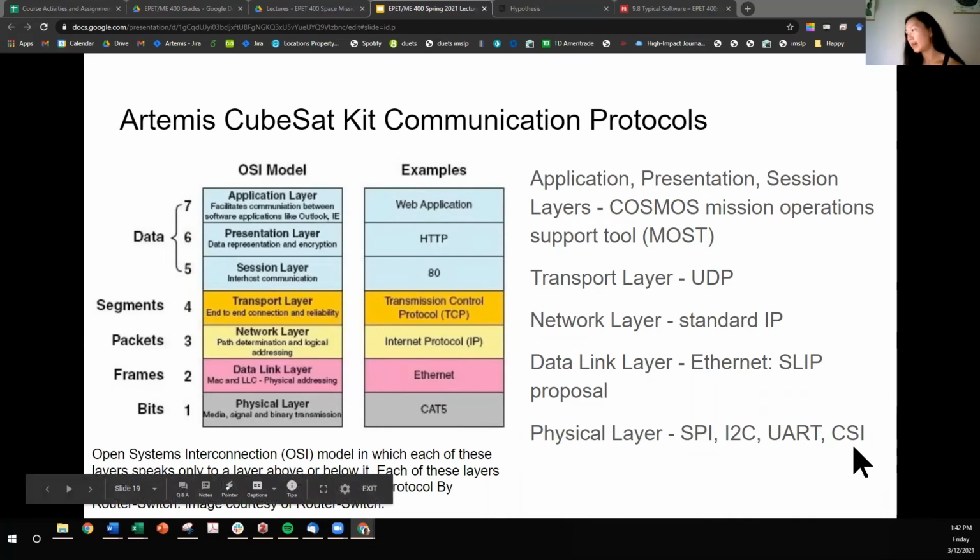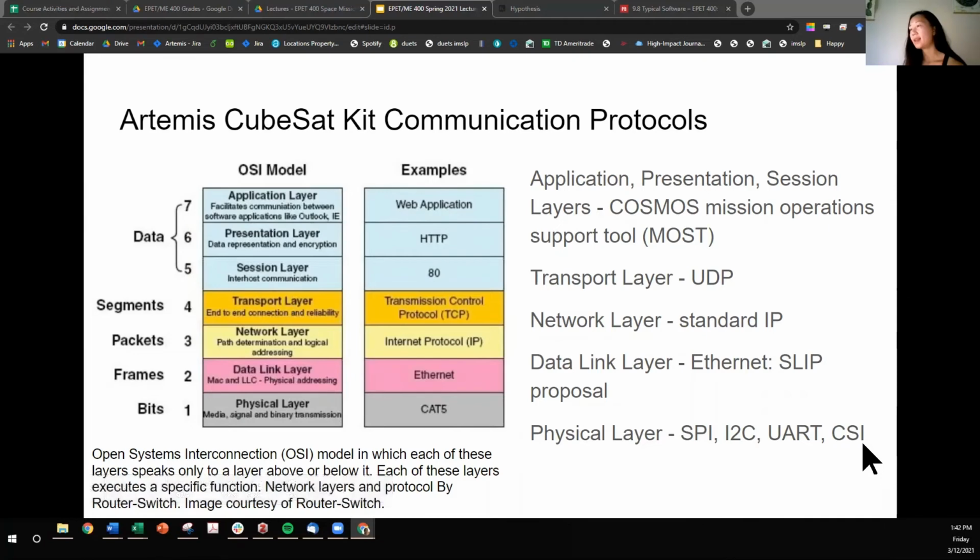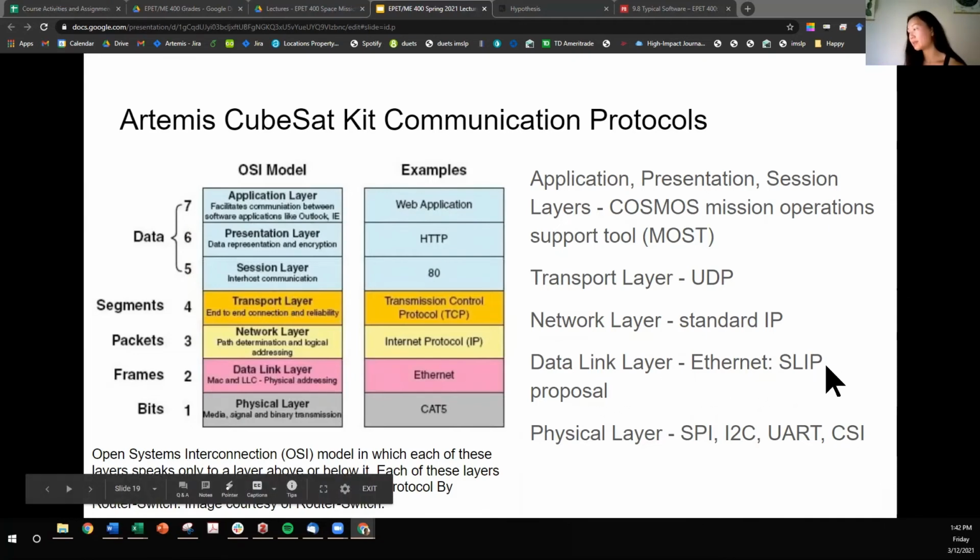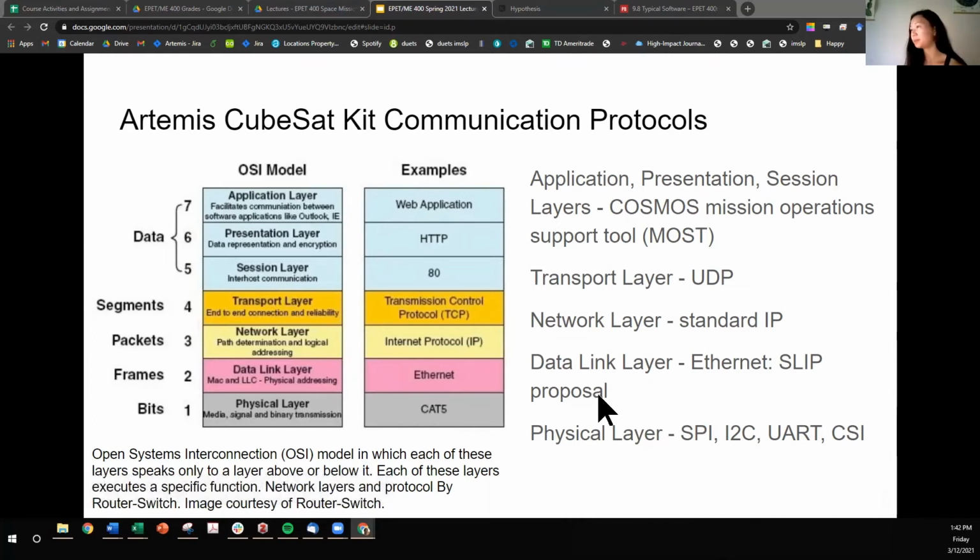So at the physical layer, the Artemis CubeSat kit is using SPI, I2C, UART, CSI, and then it gets processed through Ethernet, specifically the SLIP protocol, and then at the network layer, we are formatting our data to standard IP. At the transport layer, Artemis is using UDP. And then at the application, presentation, and session layers, we're using the COSMOS Mission Operations Support tool.